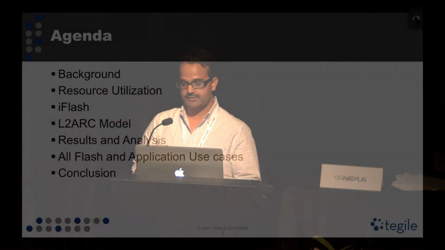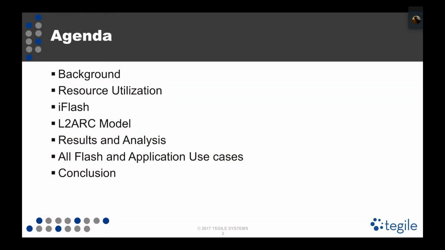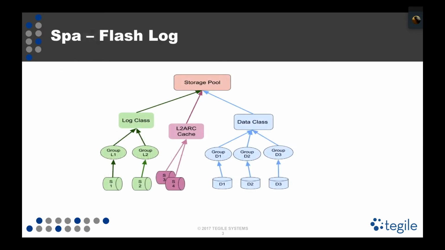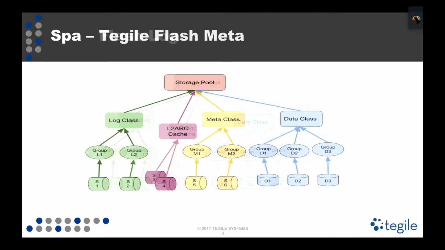I'm just going to talk briefly about the current model: before we did this project, what the problem was, what the challenges were, and how we went ahead and improved the IOPS and bandwidth. So, a brief look at how the storage pool allocator is bundled in current ZFS. You can plug in any device under several metaslab classes: log class, L2ARC class, or data class.